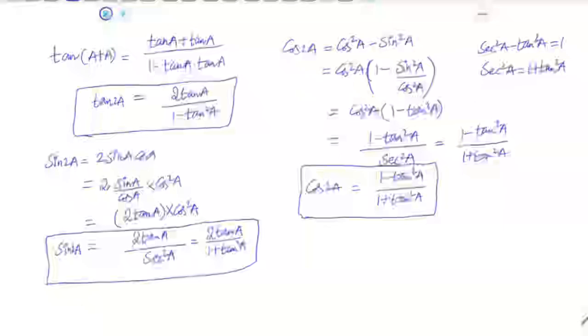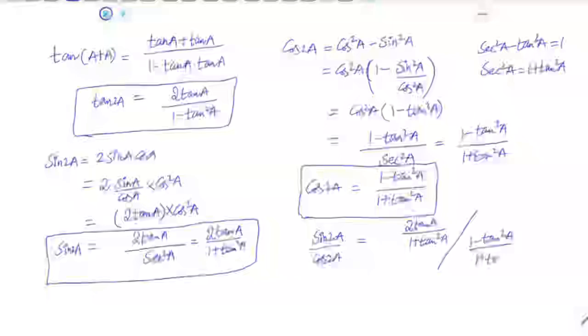Again, to re-verify our result, I can divide sin 2A by cos 2A, where sin 2A is 2 tan A by 1 plus tan square A, and cos 2A is 1 minus tan square A by 1 plus tan square A. So cancelling 1 plus tan square A in both, you will have 2 tan A by 1 minus tan square A. Sin 2A by cos 2A is tan 2A.